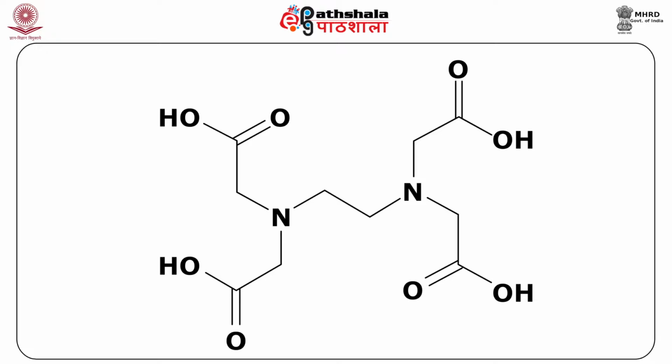EDTA was patented for this use in 1935 due to the greater demand of chelating agents for the removal of toxic elements and the increasing risk of nuclear fission products entering the human body. Pfeiffer, Schwarzenbach, and others introduced EDTA to medical research in 1945.